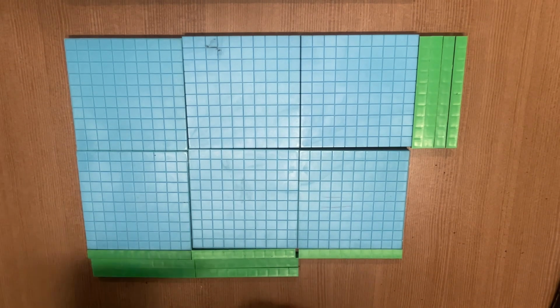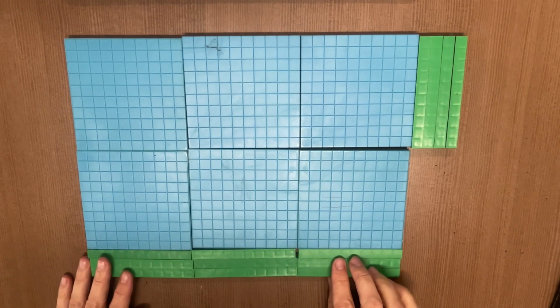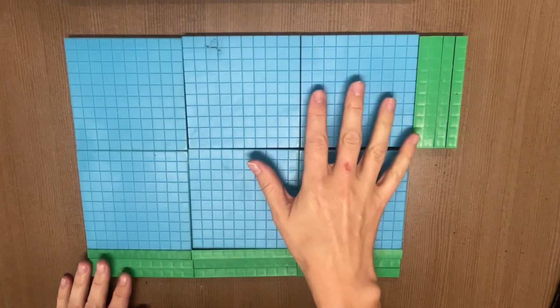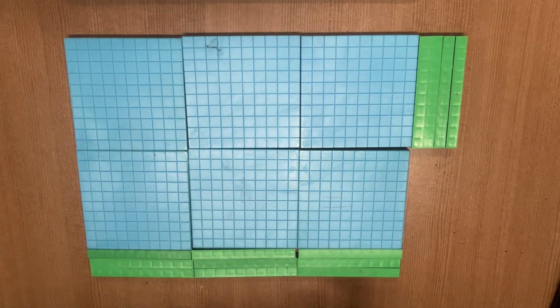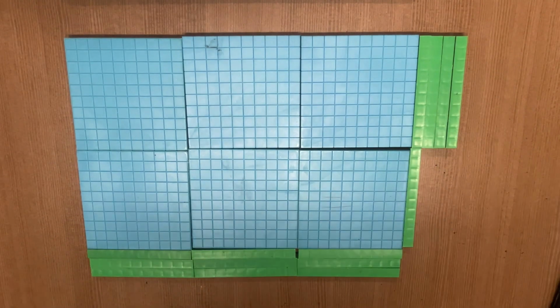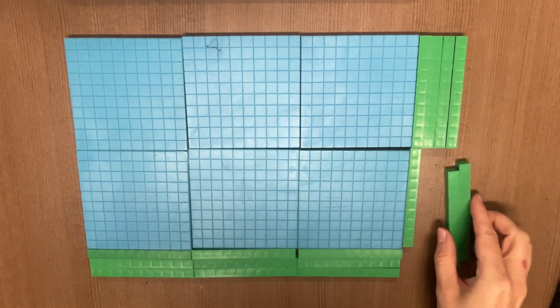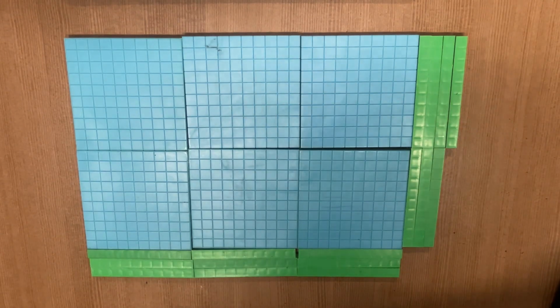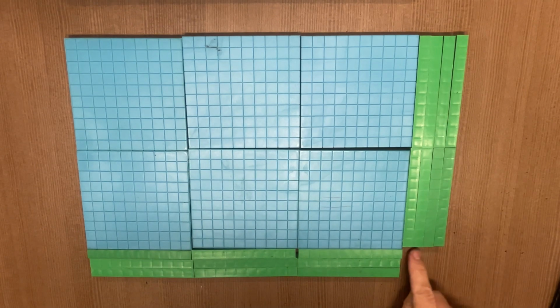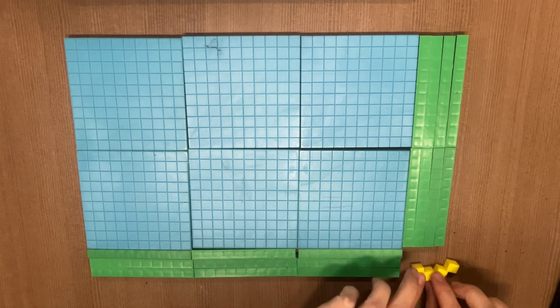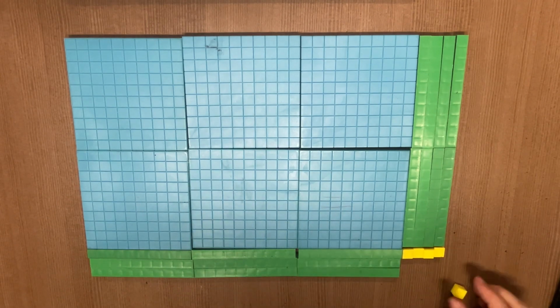And you may be noticing by now a pattern of hundreds, tens, tens, and ones. This is a pattern in an area model when doing multiplication. Here I can't fit any more tens, so I'm going to get those ones, so many little ones.